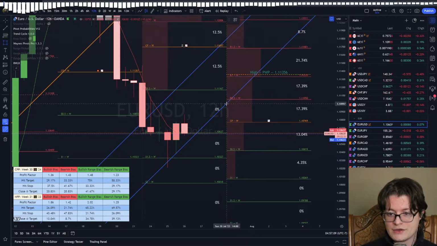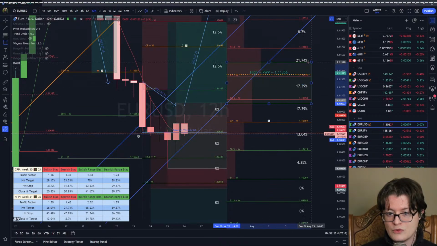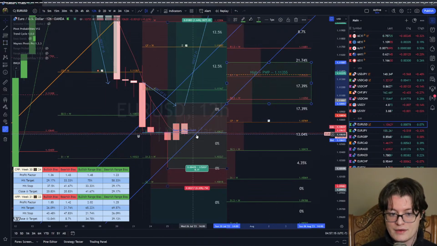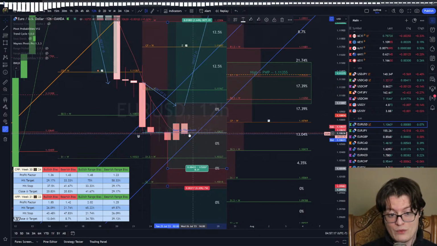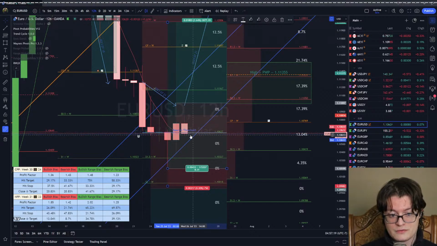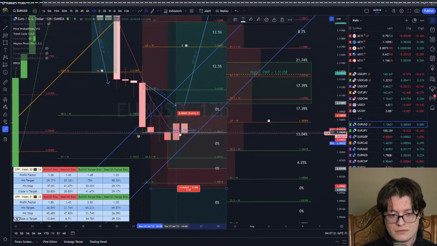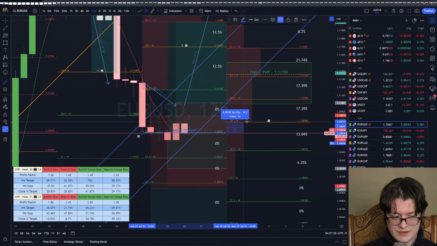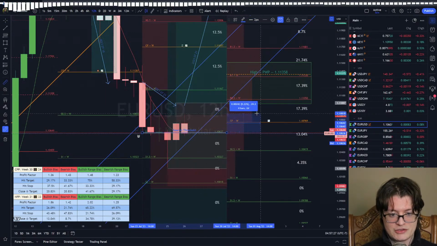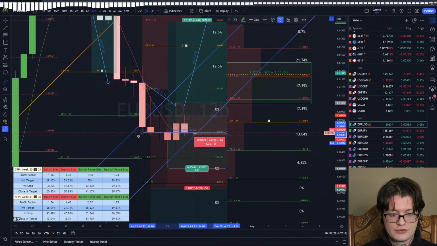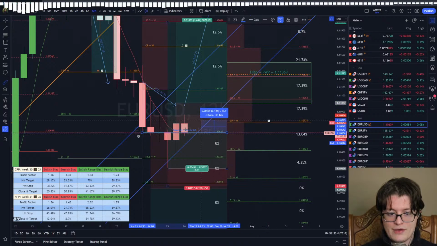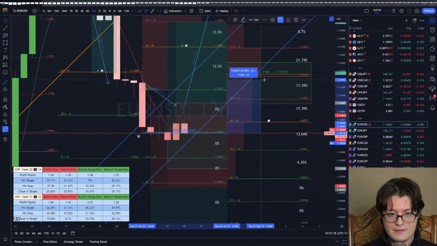Now, that's under the assumption we first move higher. So if I'm anticipating that we'll go from here, sometimes I'm like shift clicking, trying to get my measurement tool to work. So if we're currently at this price right here, and I'm thinking we're going to go up here, we're going to do something like that.